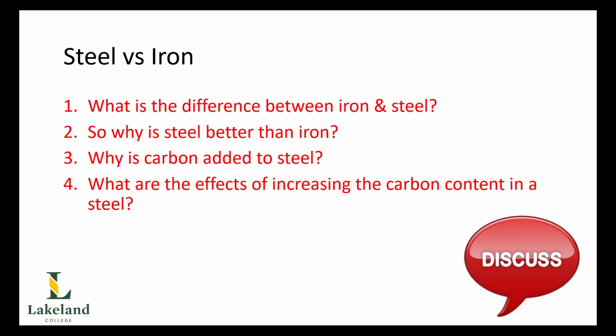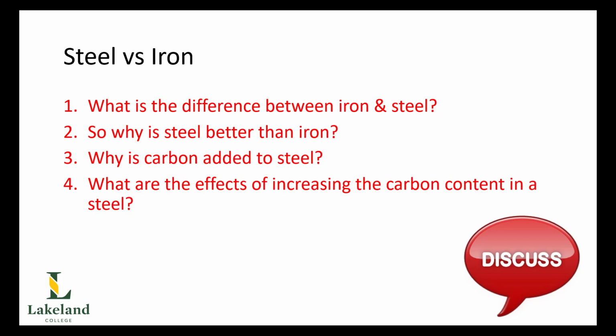Now, we can summarize this up really as a little sort of summary slide as steel versus iron with a few questions. First of all, what is the difference between iron and steel? Well, first of all, you can alloy steel with almost anything. Iron, not so much. Yes, we see cast iron using things like an alloy of magnesium to create something like ductile or nodular cast iron, but generally we don't see it used with anything else.